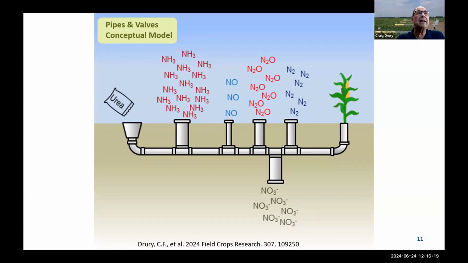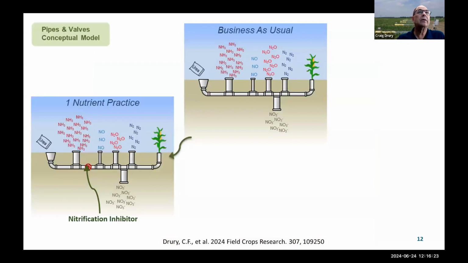So we're going to take that same diagram and add valves to it. The top graph in the middle is what I was first describing, the business as usual without any 4R practices. Here we're talking about 4R practices as being like a valve. In this case, our valve in the pipe is a 4R practice where we use a nitrification inhibitor.